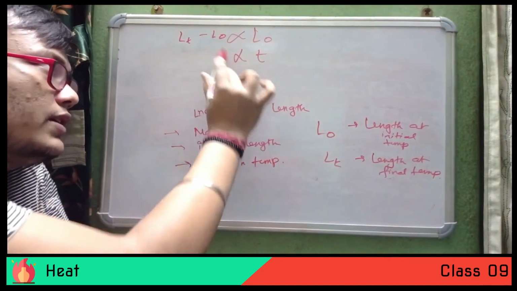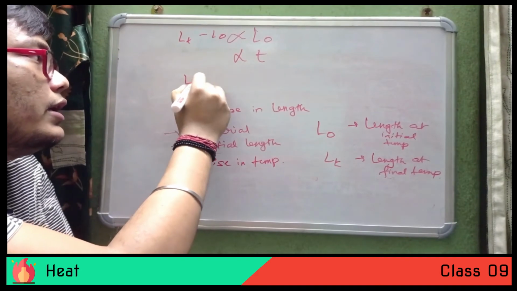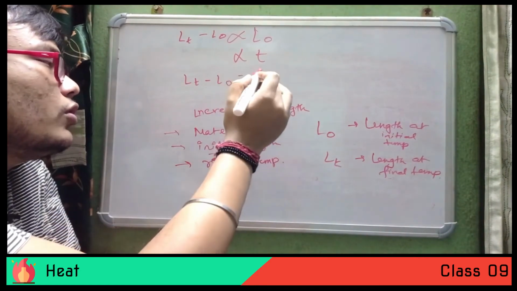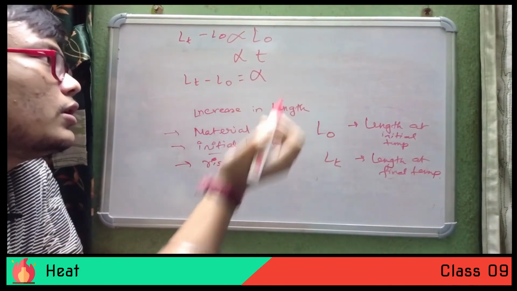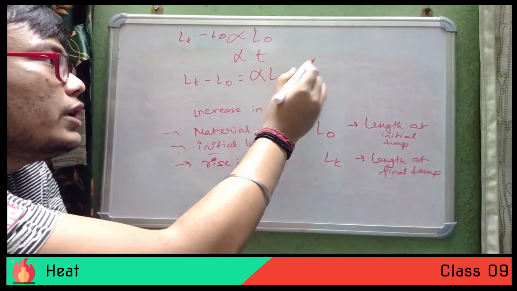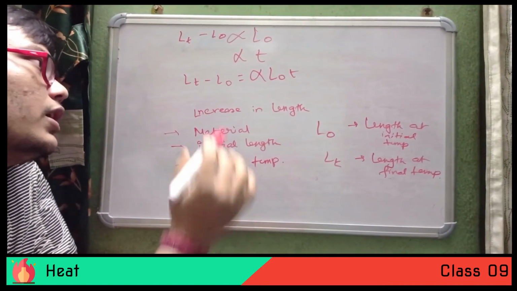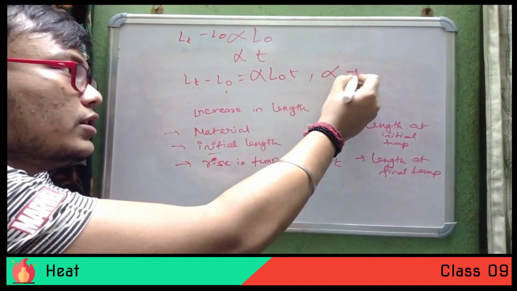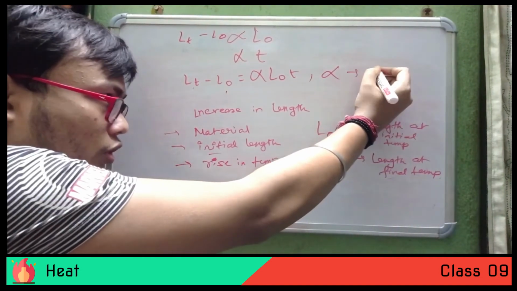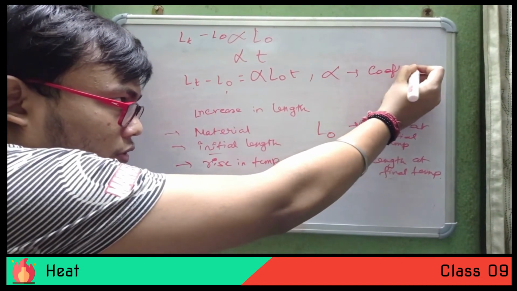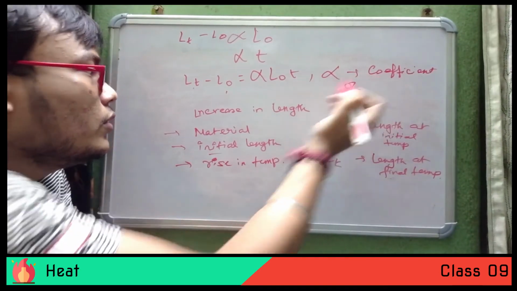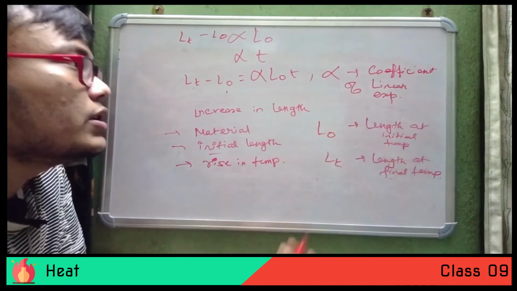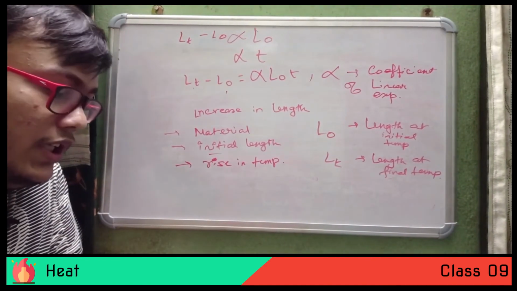Thus if we combine these two, we get LT minus L0. If we get rid of the proportionality term, we introduce a constant of proportionality alpha. Thus the equation becomes LT minus L0 equals alpha L0 T, where alpha is the coefficient of linear expansion.